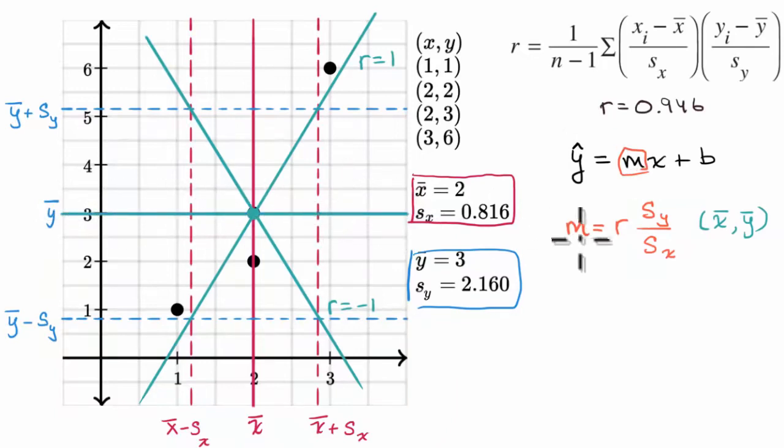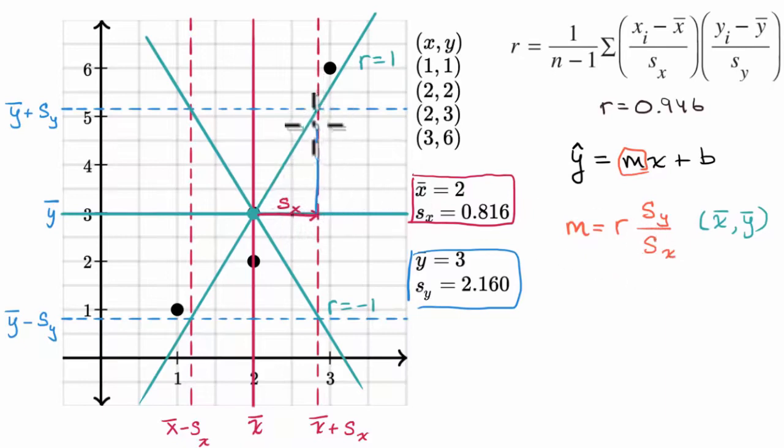But now let's think about this scenario. In this scenario, our r is 0.946. So we have a fairly strong correlation. This is pretty close to 1. And so if you were to take 0.946 and multiply it by this ratio, if you were to move forward in x by the standard deviation in x, how much would you move up in y?